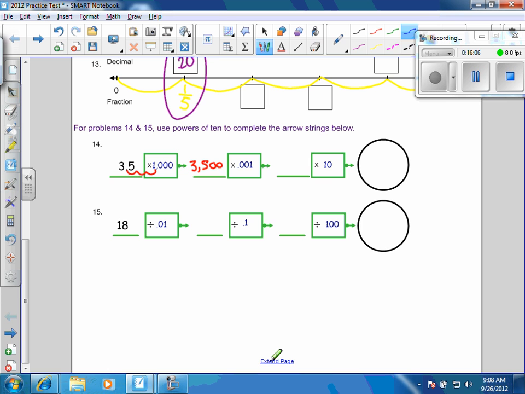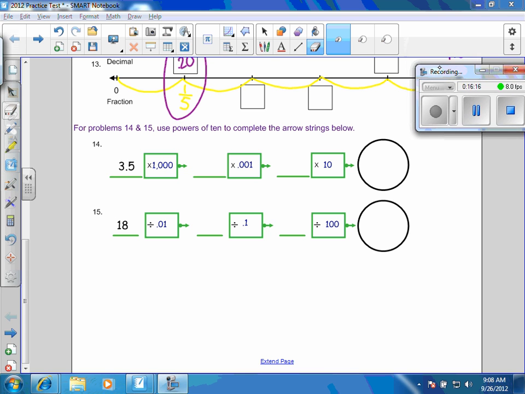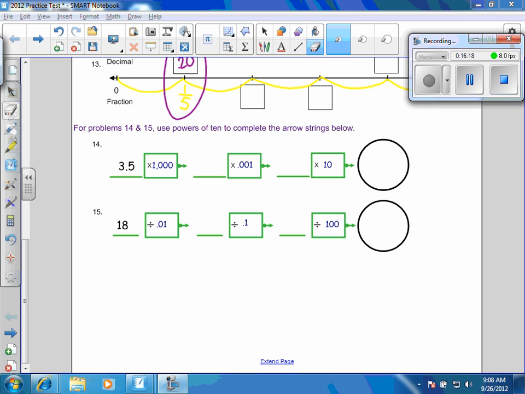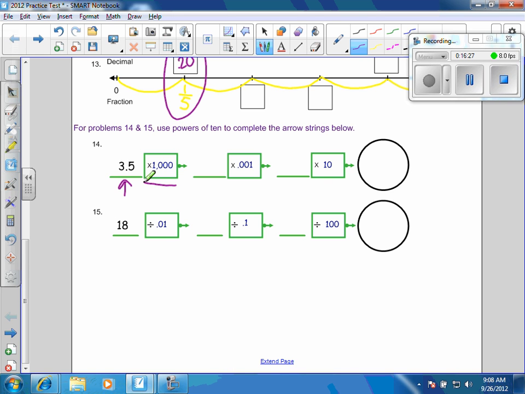Okay, so let's talk about powers of 10. We started this in the other class, but going back to powers of 10 here. When you multiply a number by 1,000, does the original number get bigger or smaller? Bigger.